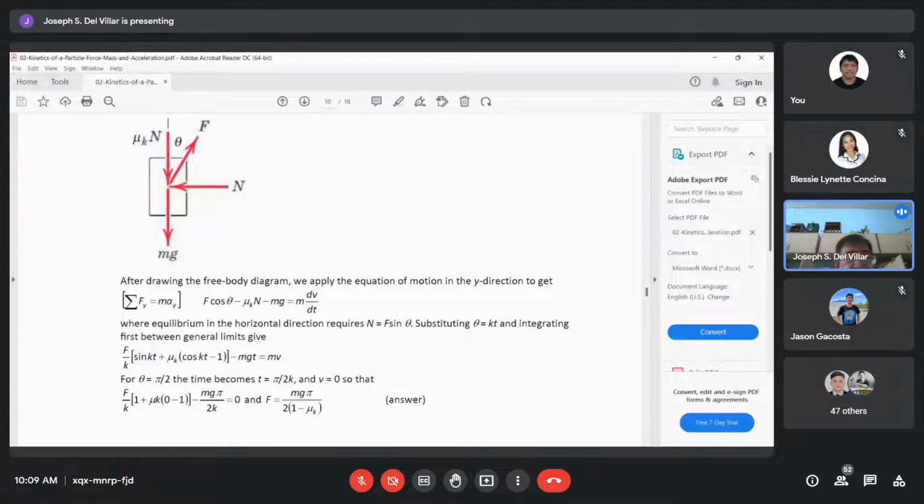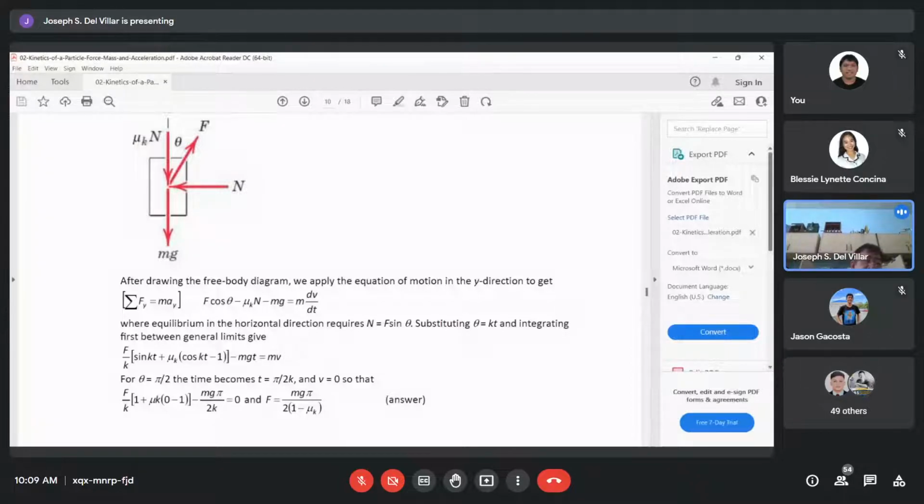Now, the equilibrium in the horizontal direction, okay, requires, no, that the normal force, itong horizontal force directed to the left, itong n, no? So, the equilibrium in the horizontal direction requires that n is equal to f sine theta.